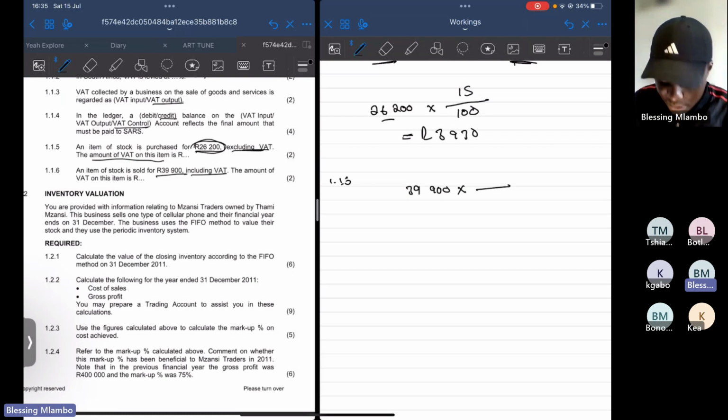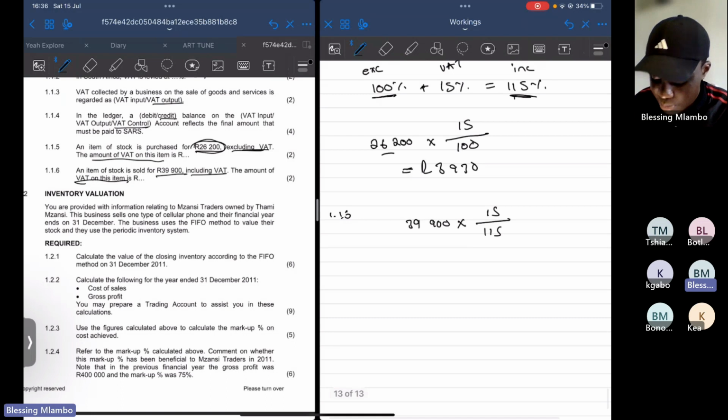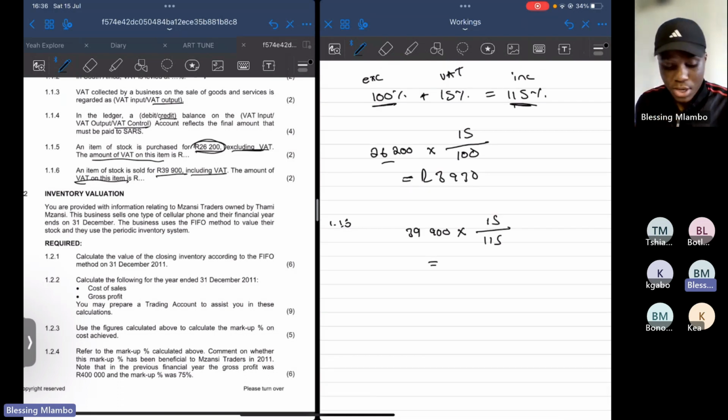So what we want is the VAT, so it's 15. What we already have is 115, because they say this amount is including VAT, remember. So you get your answer of 15 over 115, which is 5,200.